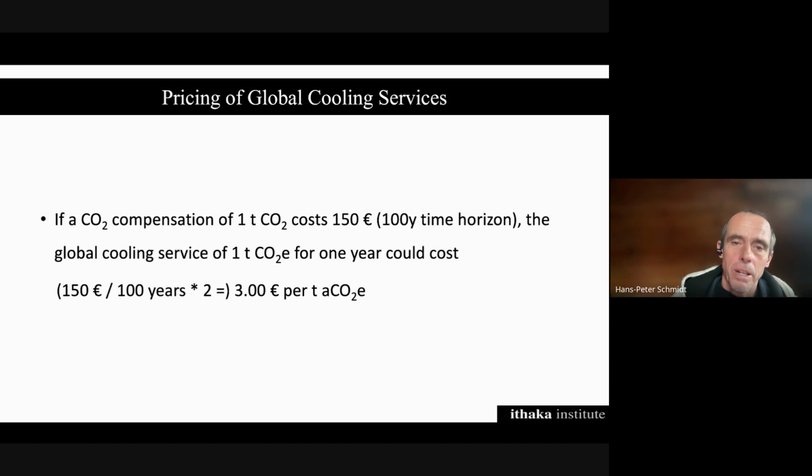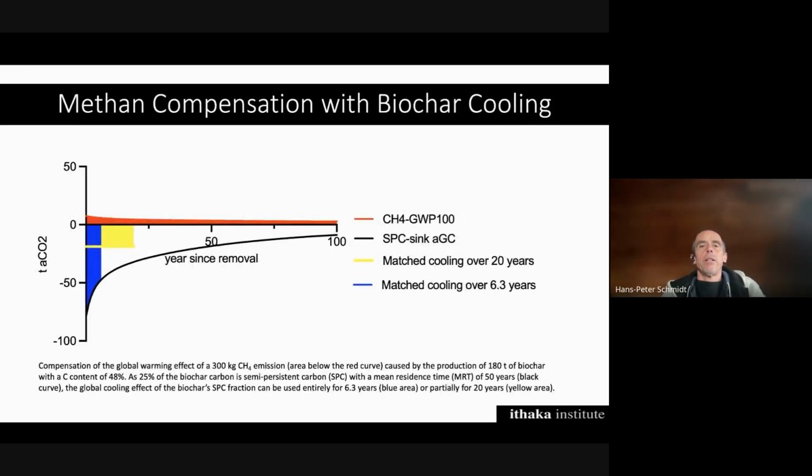So this is an average price that we think should work. And as a last example, how this may work, you have in the red methane emission. This is a point emission, and this methane emission has a global warming effect.